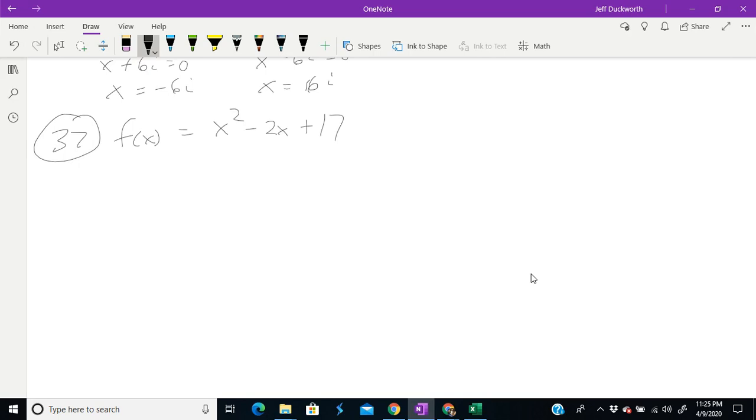Okay, so let's use the quadratic formula on this. x equals negative b, which is negative of negative 2, plus or minus the square root of negative 2 quantity squared minus 4 times 1 times 17, all over 2 times 1. So we're going to solve with the quadratic, and then we'll have to put that into the form that they requested.